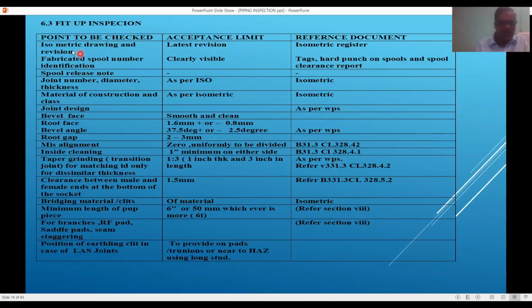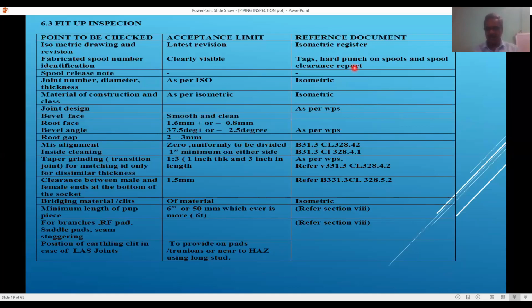First, the isometric drawing and revision: the latest revision should be clearly visible, and the fabricated spool number and identification number should be clearly visible. Then the isometric register: you have to go to the isometric register and see whether this specific number is approved or not. Is it the latest revision or not?